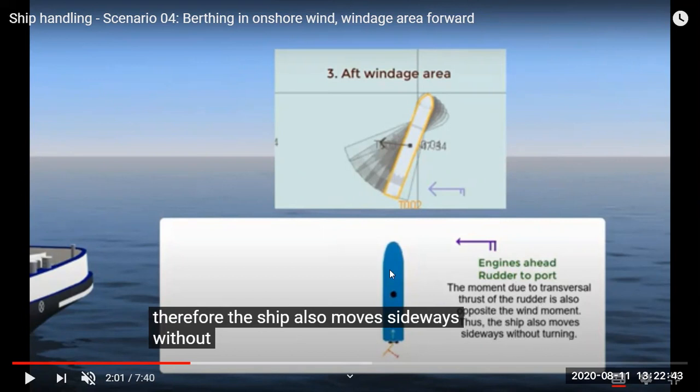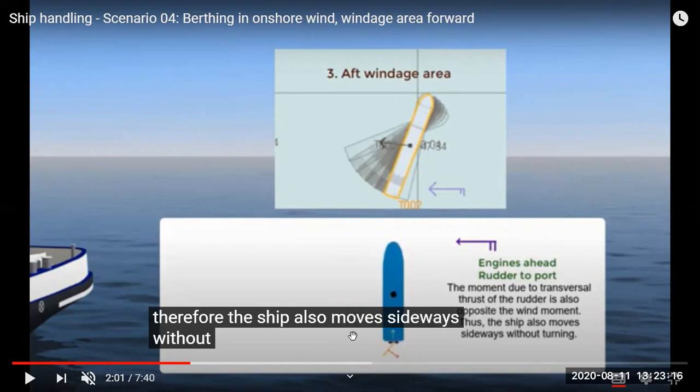When we are moving ahead, the pivot point will be here and the windage area is aft. Then when we are moving ahead, we have studied that a right-handed propeller will cause a transverse thrust, and the bow will move to the port, and windage area in this case is aft.